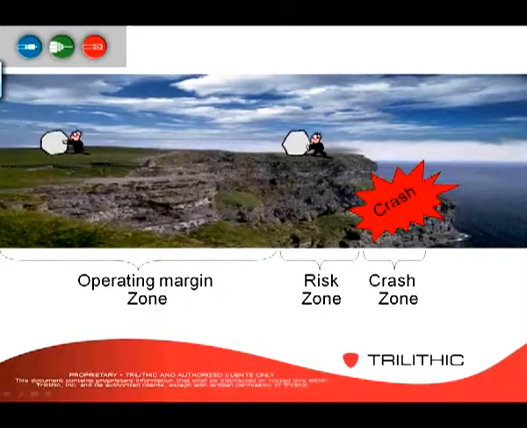In that particular area, it causes the cliff effect. So you want to always keep your digitals working in the operating margin. When you start getting in the risk zone, you're close to the point of failure. And once you're at the point of failure, all it takes is a little hiccup, and you can be right in the crash zone. So hopefully that gives a little better illustration of what the cliff effect is.